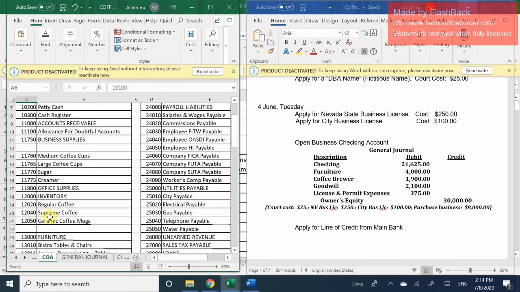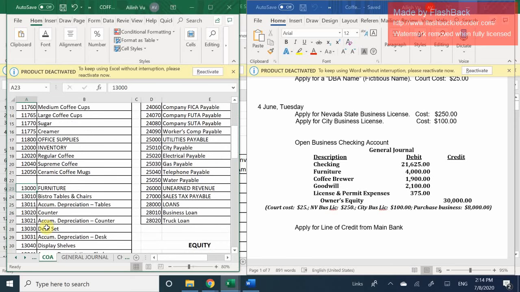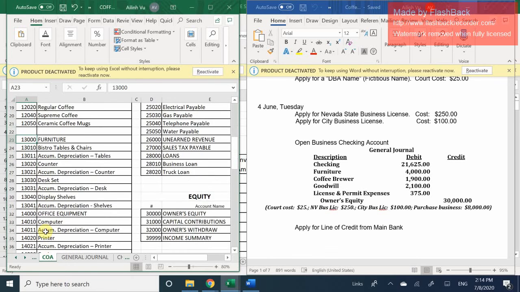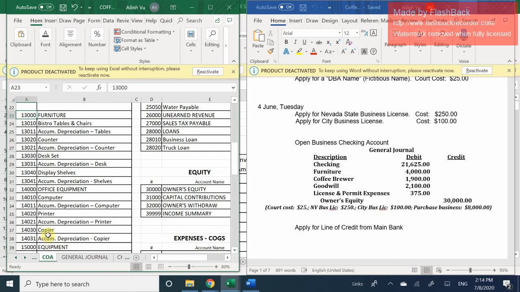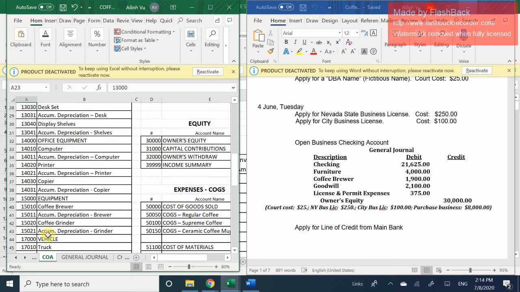Let's see what my furniture is. Furniture, 13,000. 13,000 is my furniture. What about my coffee brewer? Coffee brewer, bistro, how much? Coffee grinder, coffee brewer, 15, 10.